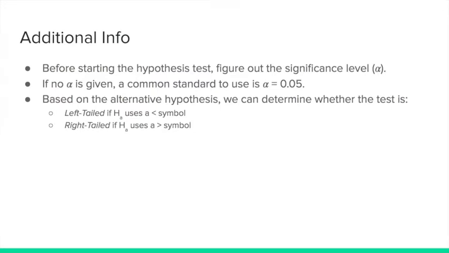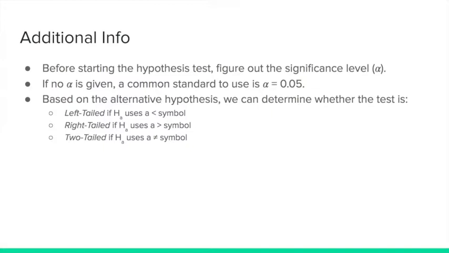On the other hand, if the alternative has a greater than symbol, then that would be a right-tailed test. And if your alternative hypothesis has a not equal to symbol, then we call that a two-tailed test. The names are kind of important because you may hear them at some point in the future in a different setting, and you want to know what they mean.